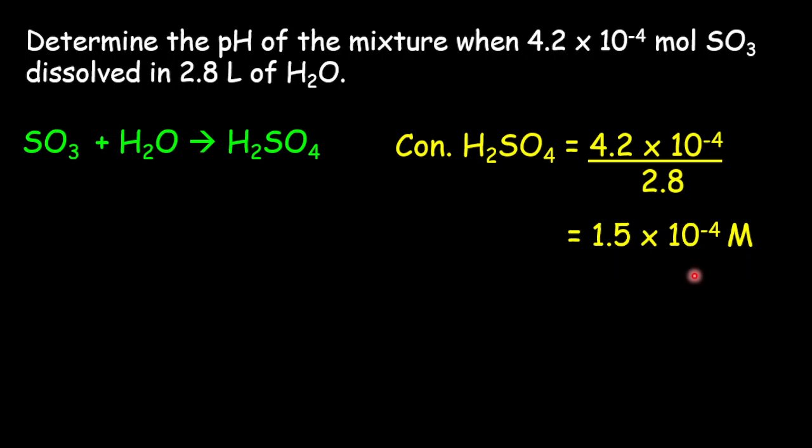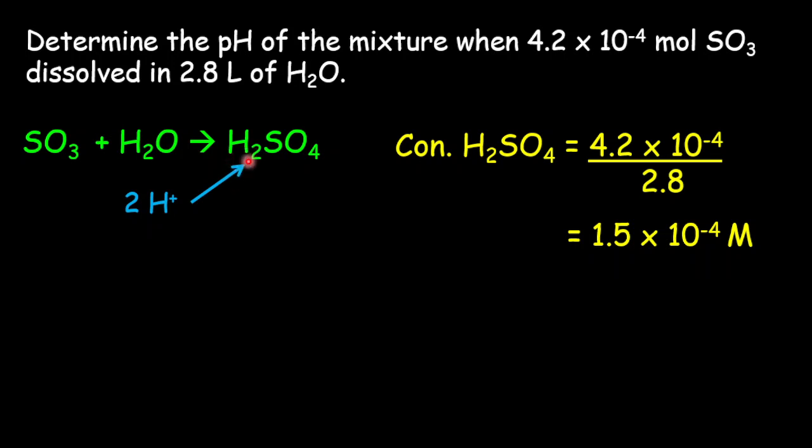Once we have this, we can go ahead and calculate our concentration of H+ ions. But before you do that, you have to identify the number of H+ ions that will be released from this solution.